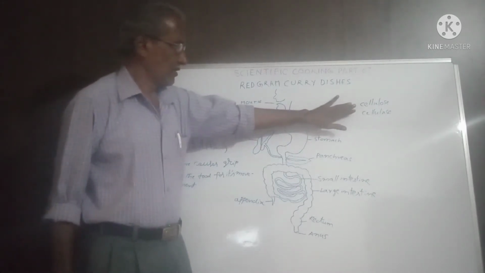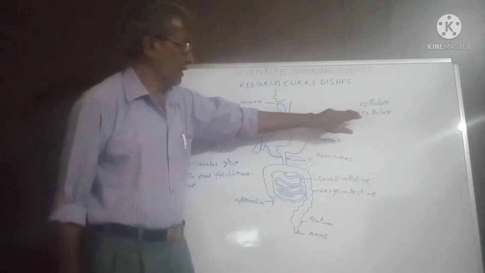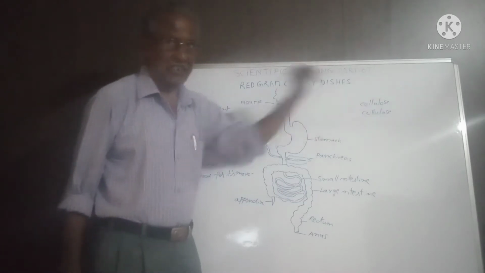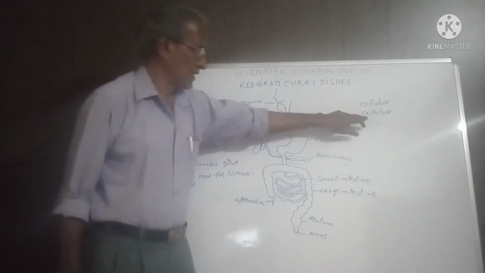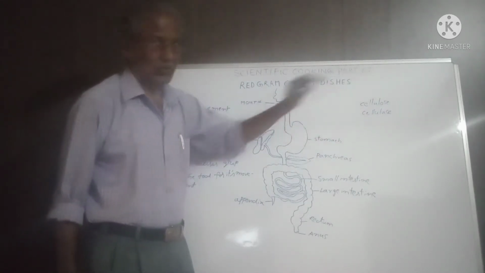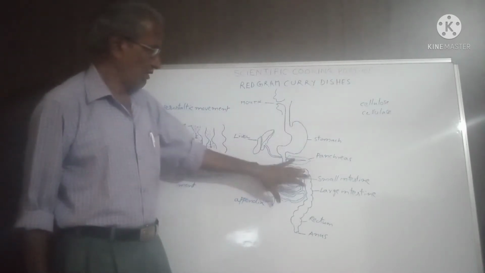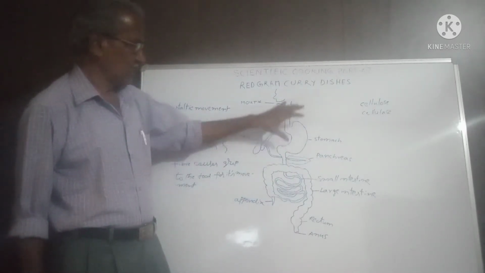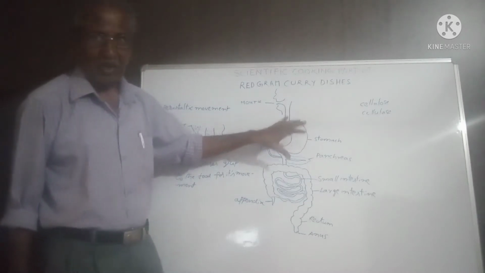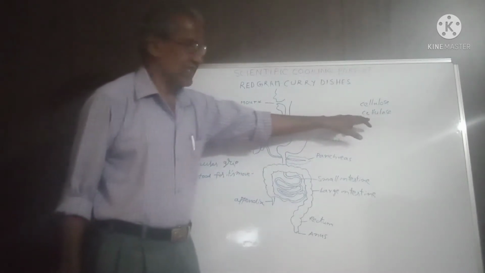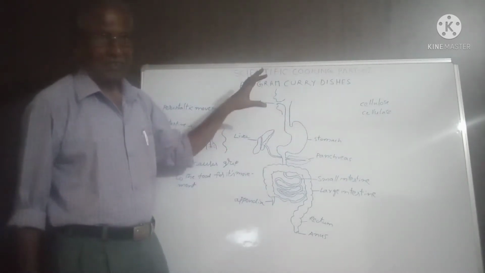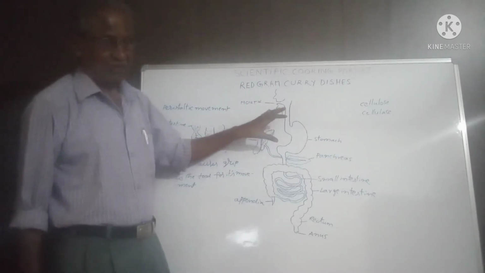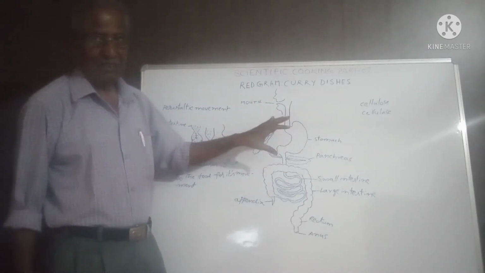Cellulose digests only in the presence of cellulase enzyme. Cellulase enzyme digests cellulose. Our body, that means in our digestive system, we do not have cellulase enzyme. That's why fiber will not digest in our digestive system.